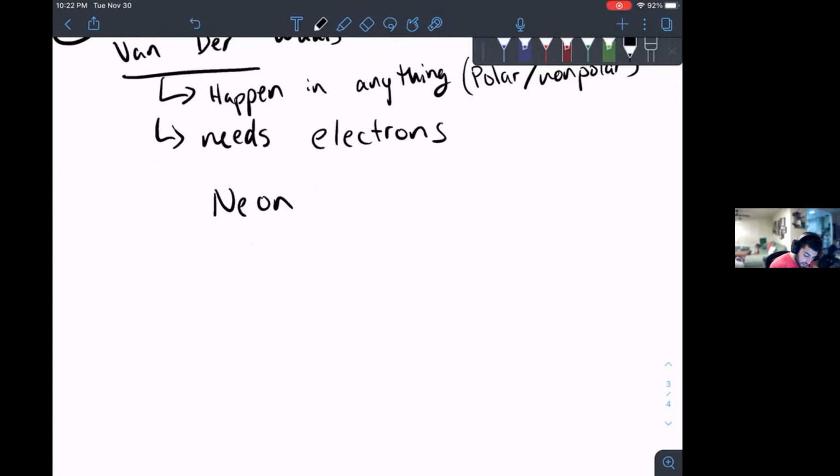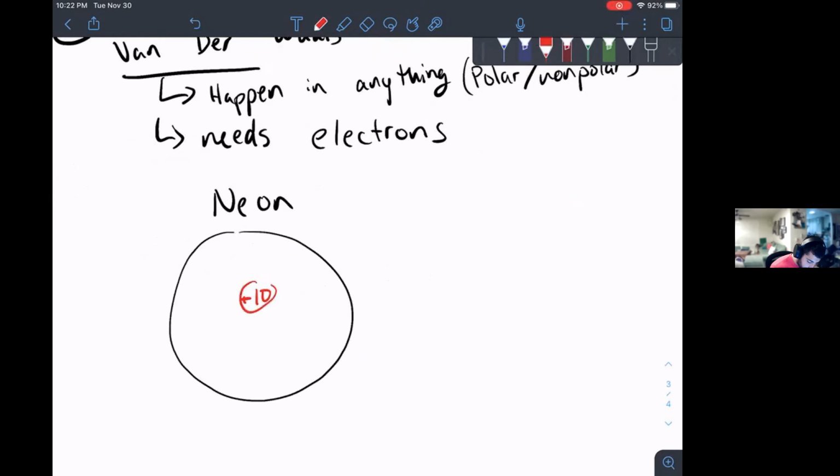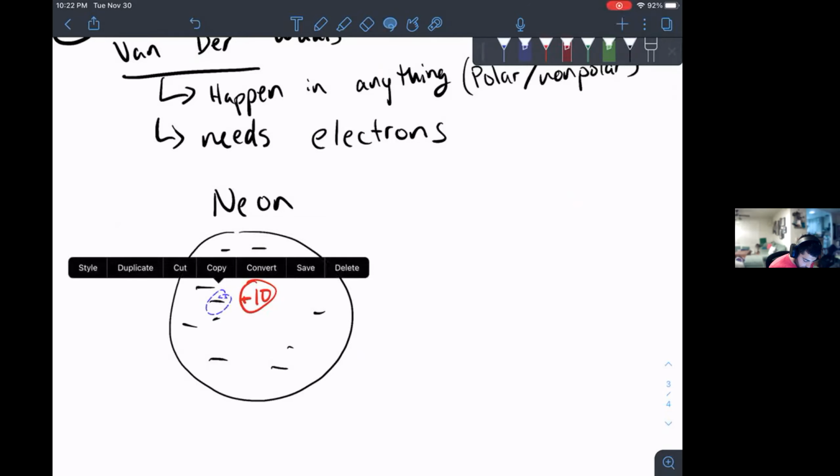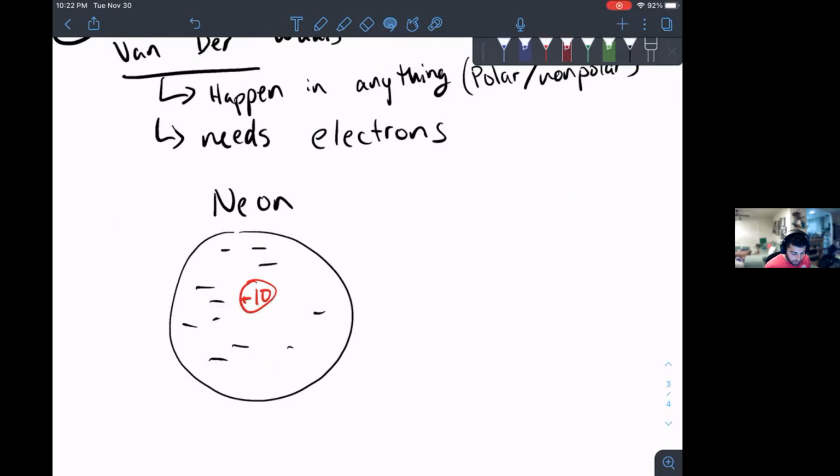If we look at an atom of neon, we've got plus 10 in the nucleus, and then we have our electron cloud. The thing about electrons is they kind of move pretty freely within their orbits. Let me just see if I got 1, 2, 3, 4, 5, 6, 7, 8, 9, 10 electrons. But the thing is, because electrons move, sometimes we can have most of our electrons on one side of the atom.